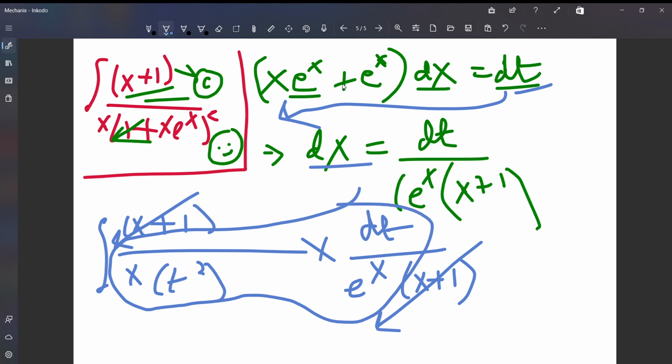And that's again something good, because we had earlier taken 1 plus x e power x as t, right? So according to this formula of ours, x e power x is nothing but t minus 1.